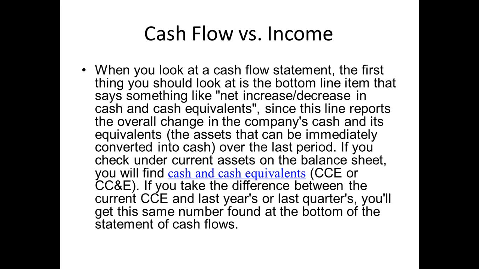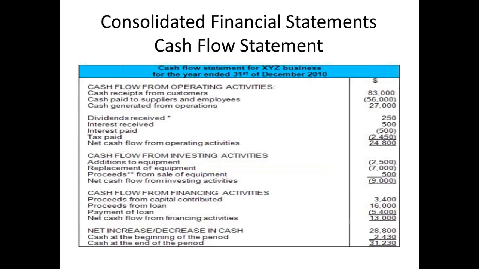If you check under current assets on the balance sheet, you'll find cash and cash equivalents. If you take the difference between the current cash and cash equivalents and last year's or last quarter's, you'll get the same number found at the bottom of the statement of cash flows. So basically, this is just a consolidated financial statement, the cash flow statement.